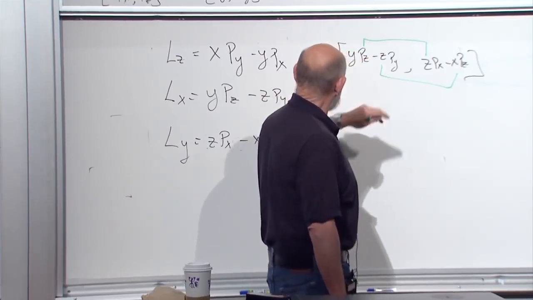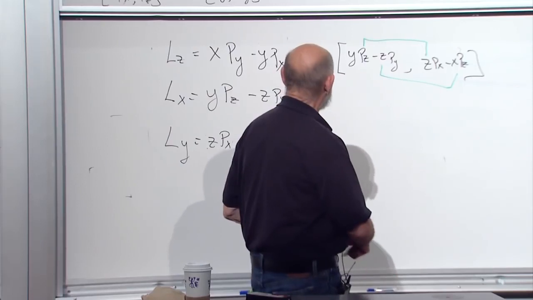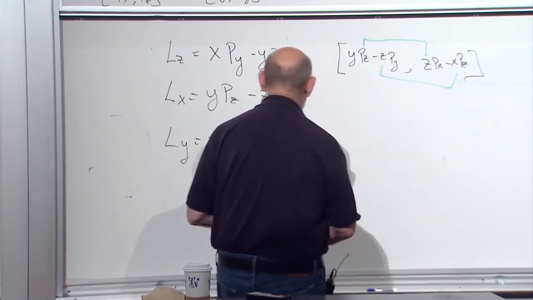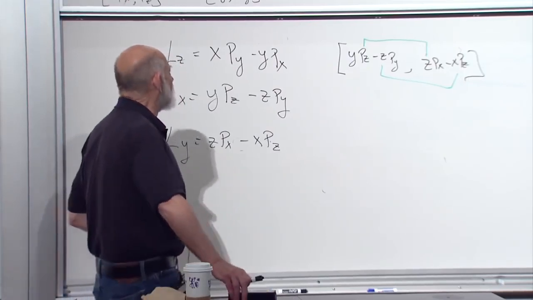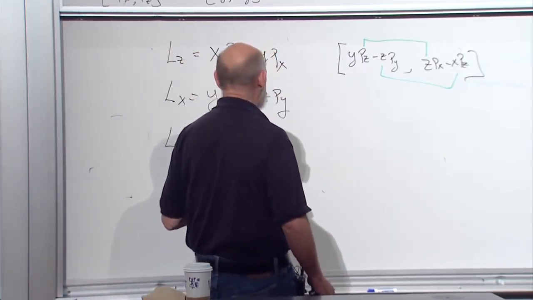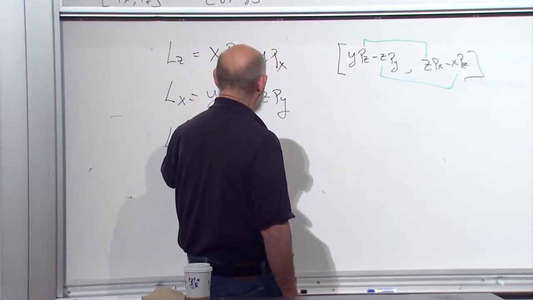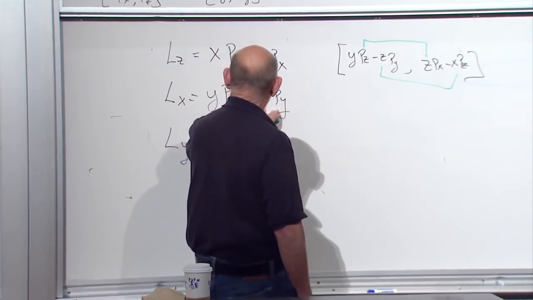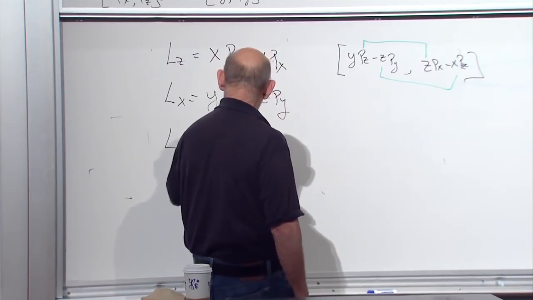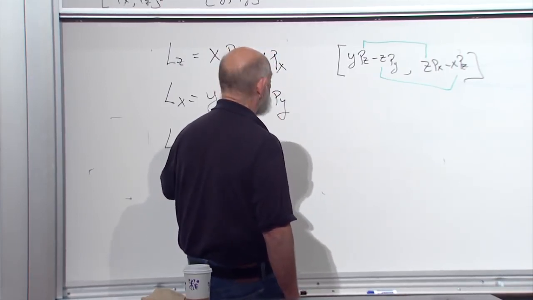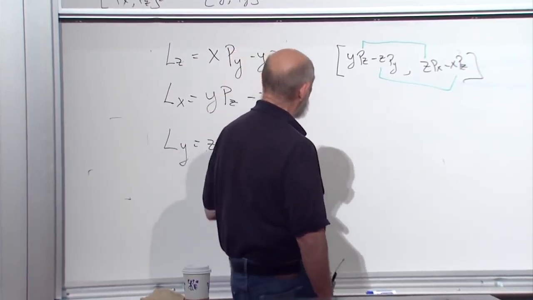What have I written here? What am I doing? I'm commuting Lx, which is y pz minus z py, with Ly, which is z px minus x pz. Yeah, that's right.